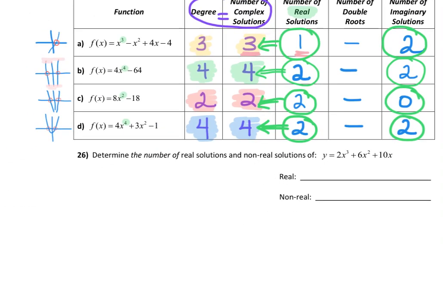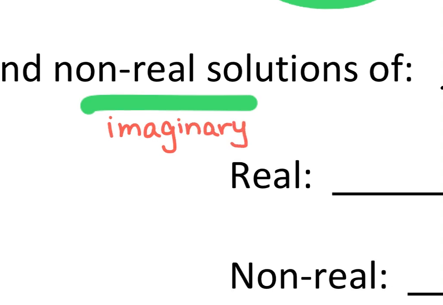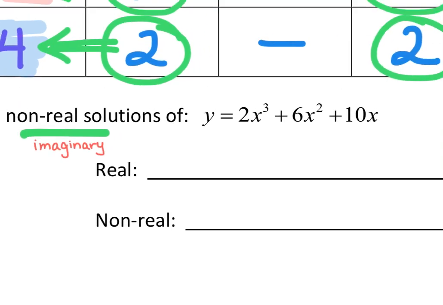And this next problem gets a little bit more at the heart of what I'm asking for, because it's asking for the number of real and non-real, or in other words, non-real means imaginary. Well, the total number of roots should add up to 3, because that's the biggest exponent. And I'm going to need to draw a graph of this to see how many reals based on how many x-intercepts there are.